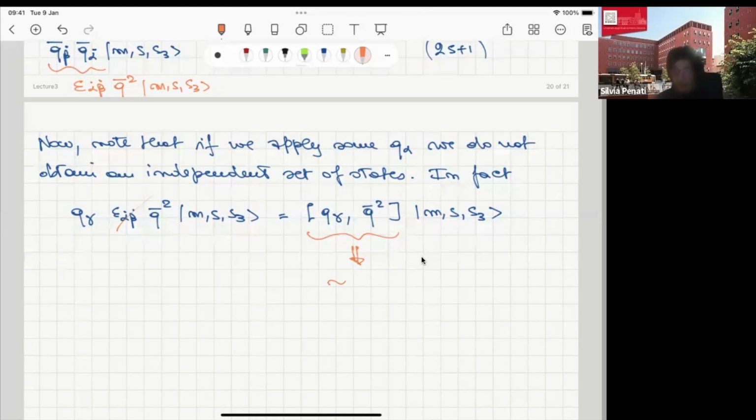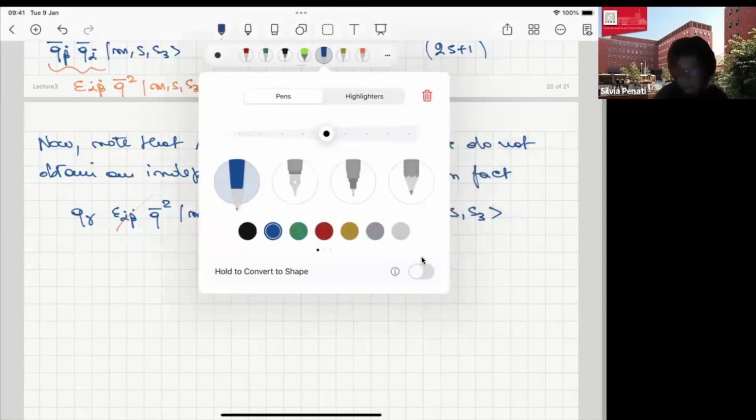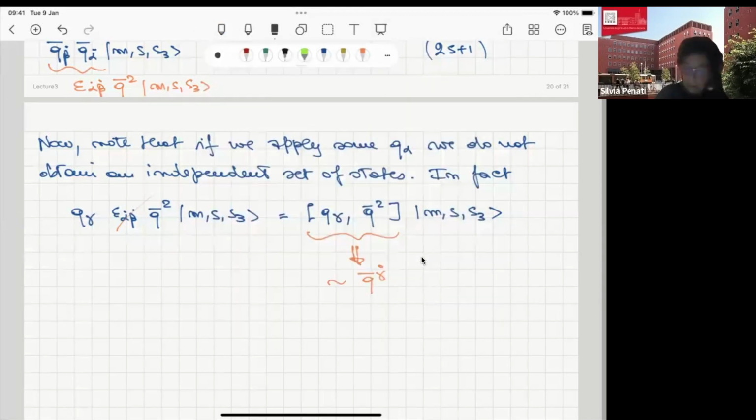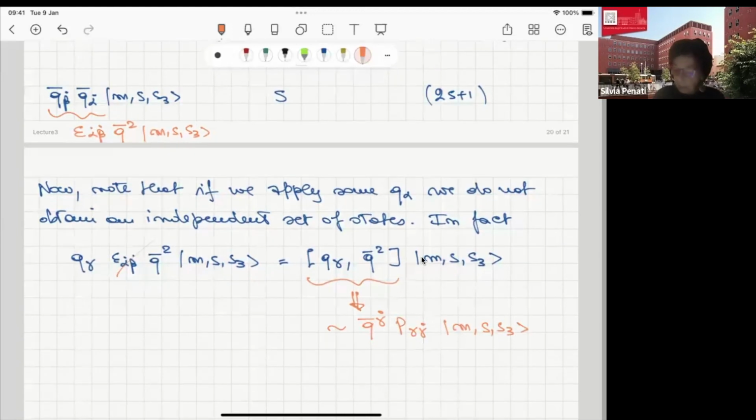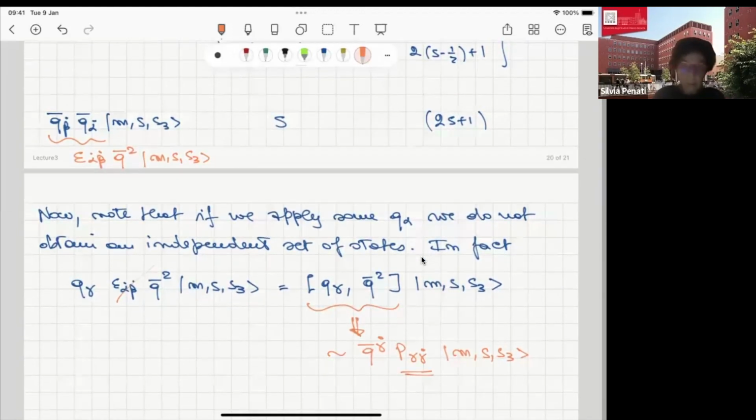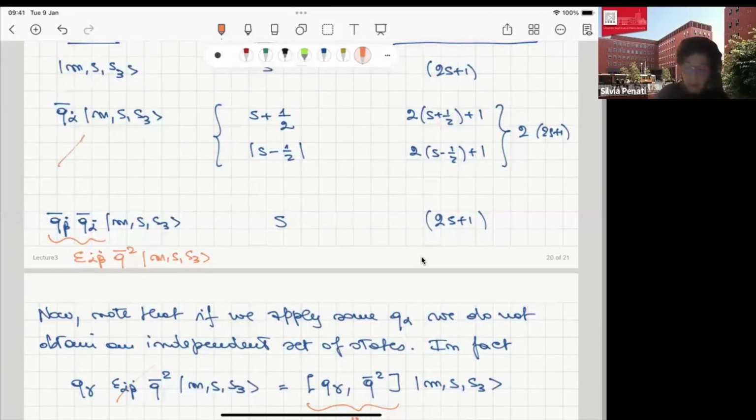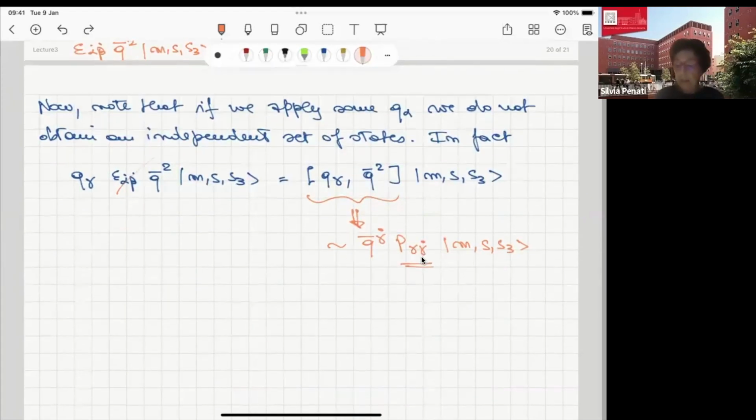The important point is that this is proportional to something like Q bar, let me call it gamma dot, D, where this is the derivative, gamma dot of P. Let me call it, we will keep playing with P. This is P gamma dot applied to S3. Therefore, you see, up to the action of the momentum, which will give you the eigenvalues corresponding to the momentum of the particle, you are back to a state like this one. Okay, so we no longer obtain any new independent state.